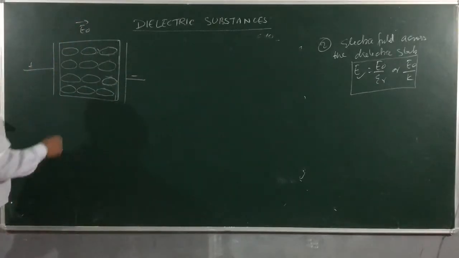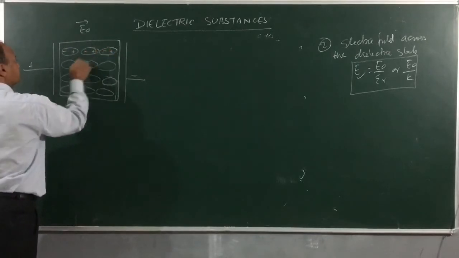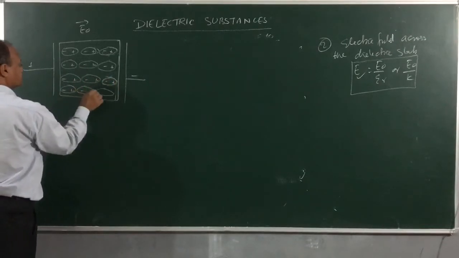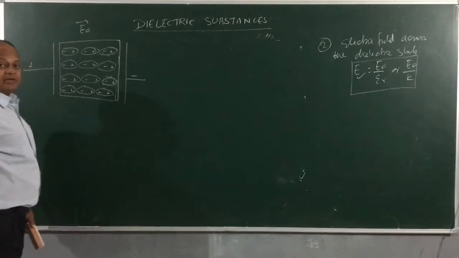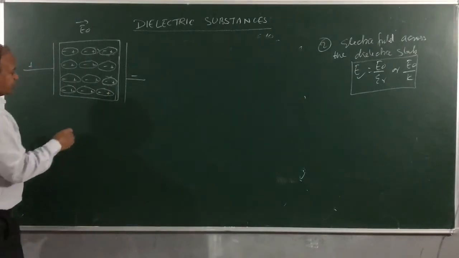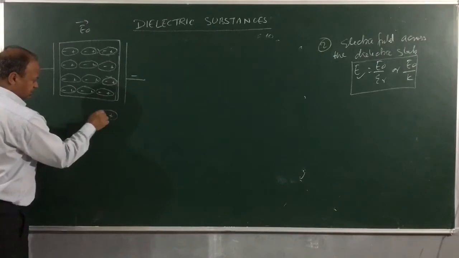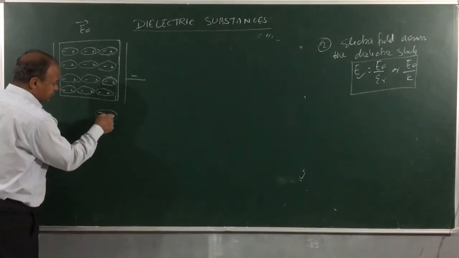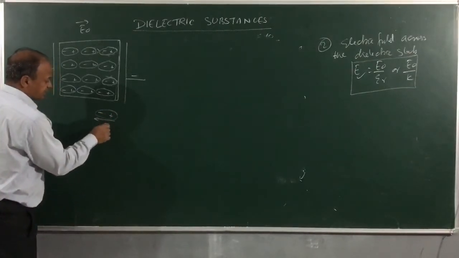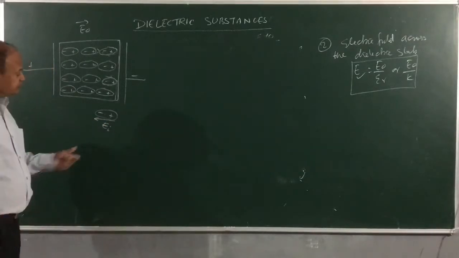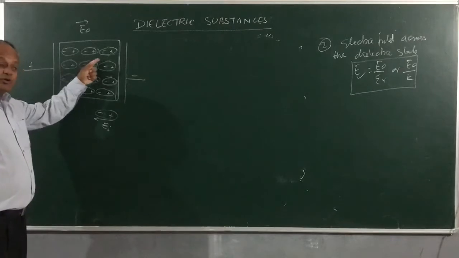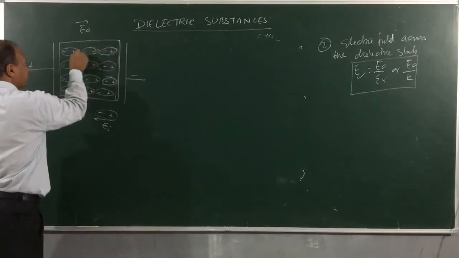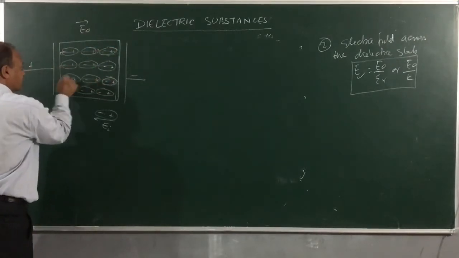Now the dielectric slab is being polarized, so this side is negative, this side positive. If I look at an individual molecule, it is something like this. This molecule is going to have its own electric field now, like this, E i. So each molecule, children, is going to have an electric field which will be opposite to the applied electric field.